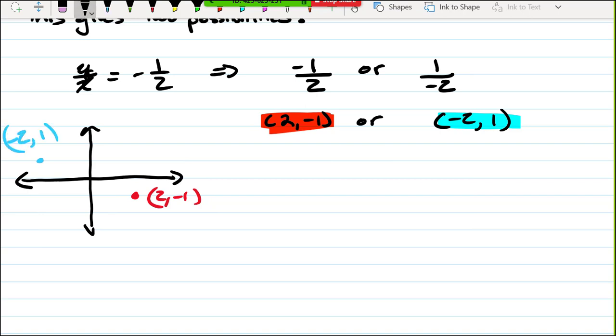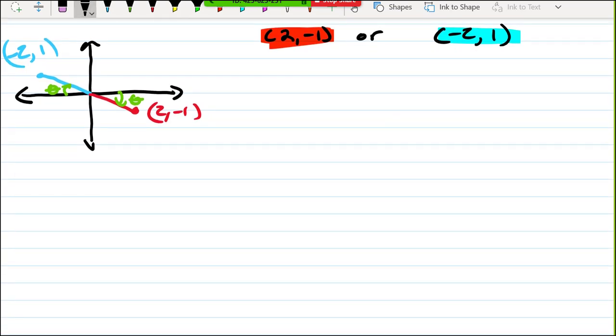And each of these would then have a different reference angle. So that would be my reference angle, and that would be my reference angle. But each of them would have a different measured angle. So the answer is no. The value of one trigonometric function is not enough.